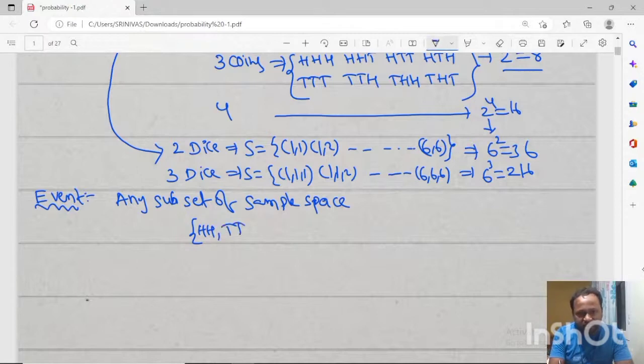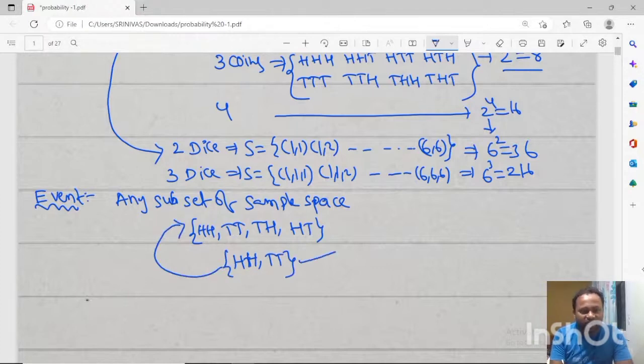In this I will take only 2 elements, that means H, H, T, T. This is a subset of this set, that's why it is called an event. So event is nothing but any subset of sample space.